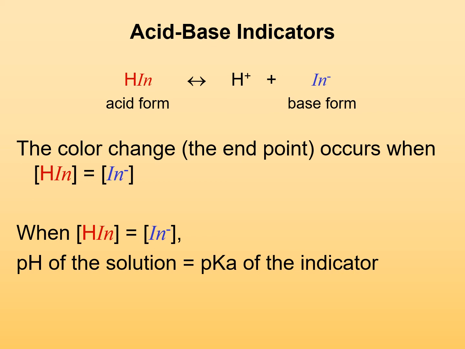So when we're picking appropriate indicators, we want the pH of our equivalence point to be equal to the pKa of the indicator. That's how we would determine which indicator is appropriate for a certain titration.